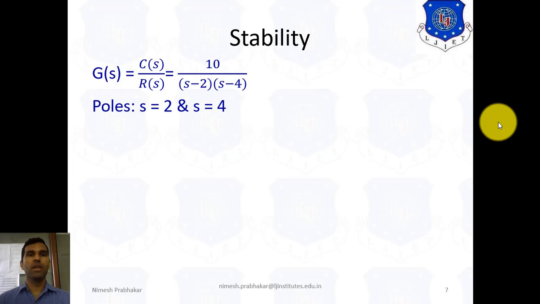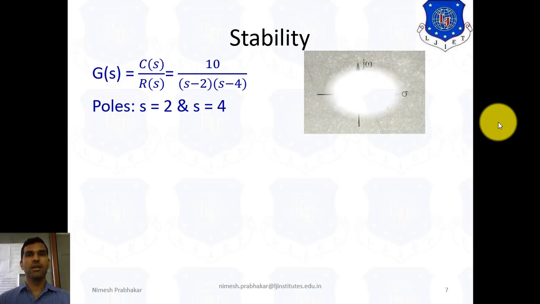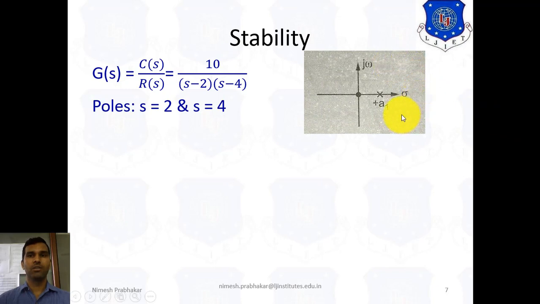Here the poles are s equals 2 and s equals 4. Now the graphical representation of these two poles is in the right hand side. For understanding I take only one pole here, but the representation of these two poles is on the right hand side.